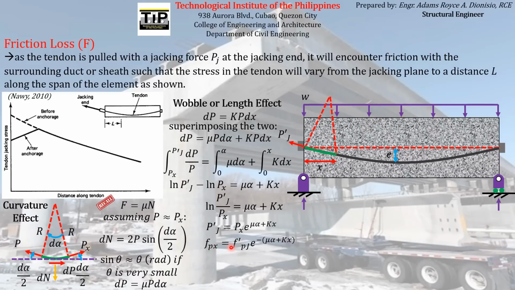So with that, if we use the change in stress happening from the jacking end to a certain point at a distance x from the jacking end, we can see that the magnitude of the change in stress, which is due to the friction between the pre-stressing reinforcement and the surrounding concrete duct, is just equal to this.